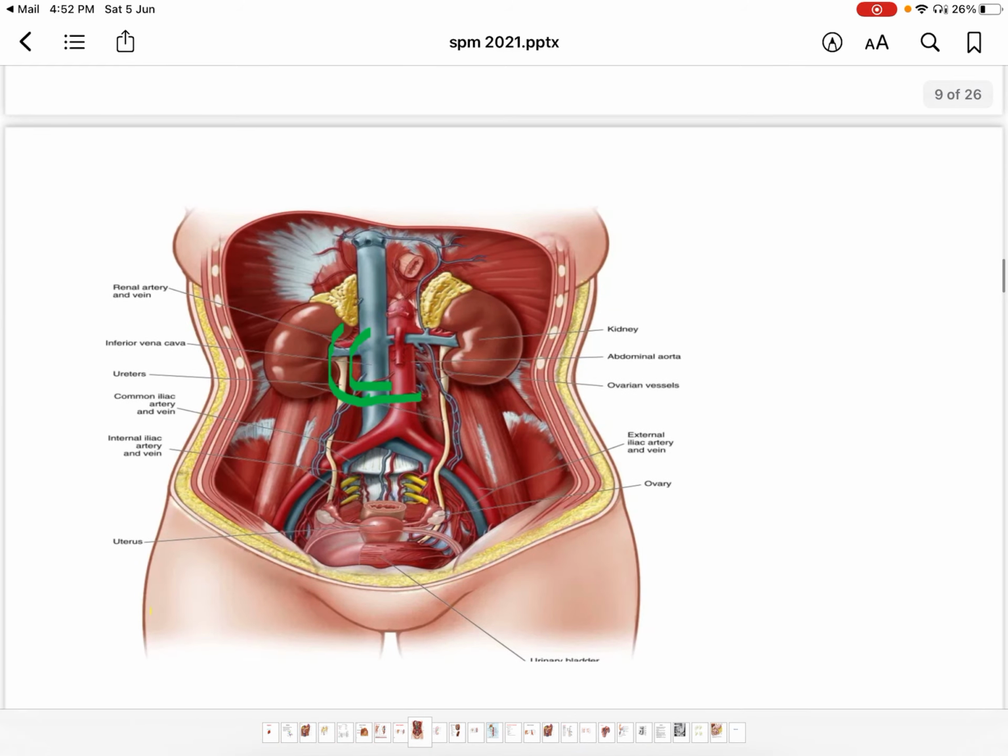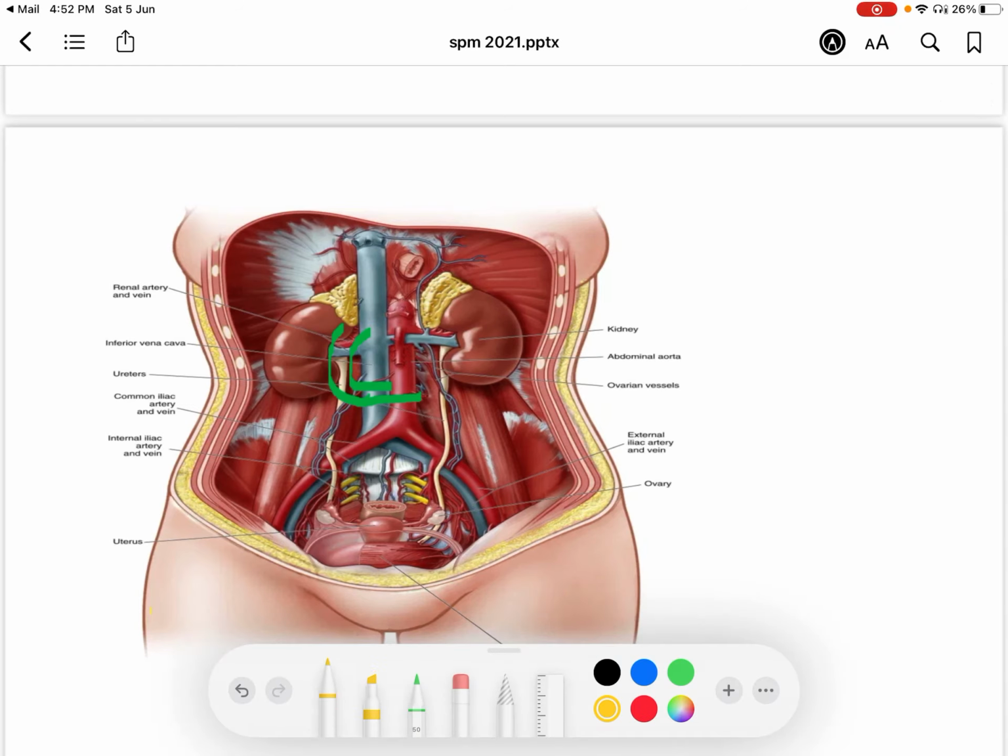Now you can see here I drew the outline of the second part of the duodenum. After removal of the duodenum, you can see the structures: the right kidney and renal vessels behind the second part, and the inferior vena cava, and this is the right psoas major muscle.